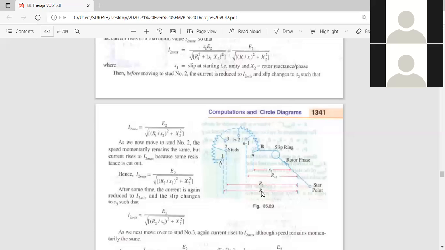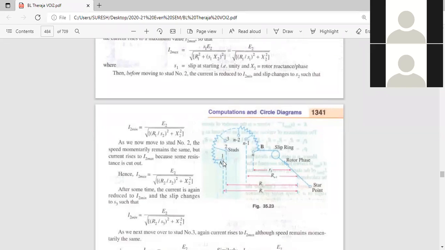Then the resistance is R1, the rotor resistance plus the entire resistance of the N contacts. Initially I am placing this contact at 1. After that I place this contact at 2, then at 3, up to N. Like this, we can remove this entire circuit once the speed reaches 70% of the rated speed.